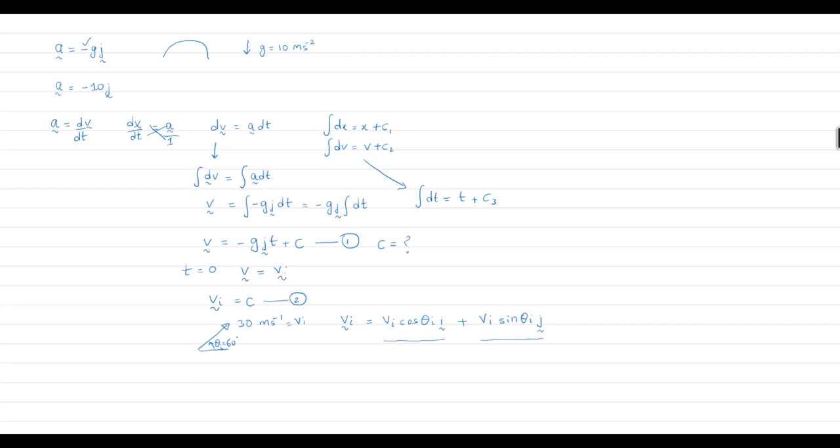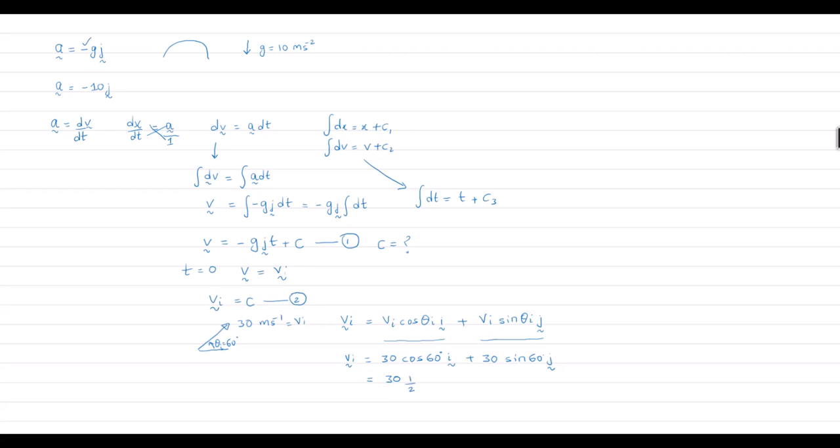Yeah. So if we just substitute the values, what do we get? We get vi equal to 30 cos 60 times I plus 30 sine 60 times j. And if you remember the values, I remember it like this: cos 60 is the same as sine 30, and sine 30 is half.